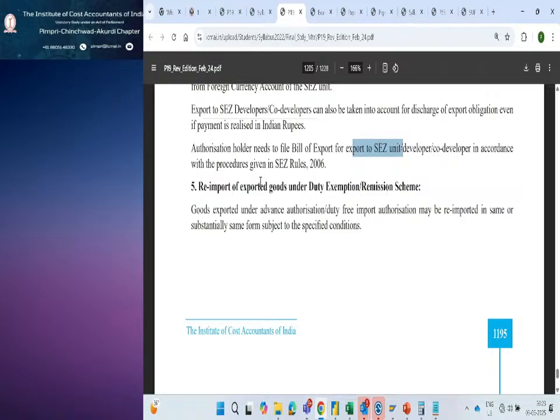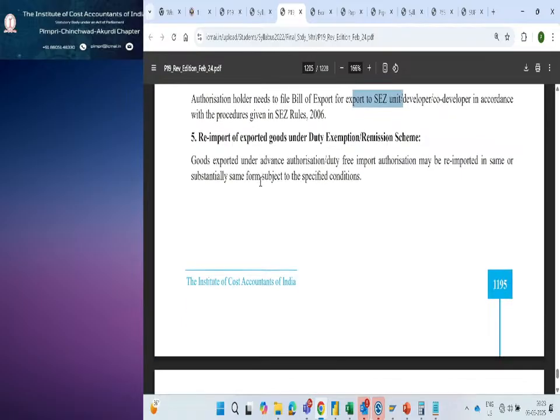So there is no need for a bill of export, but this foreign trade policy says that if you received the license, you still have to file the bill of export if you are doing any export to an SEZ unit.